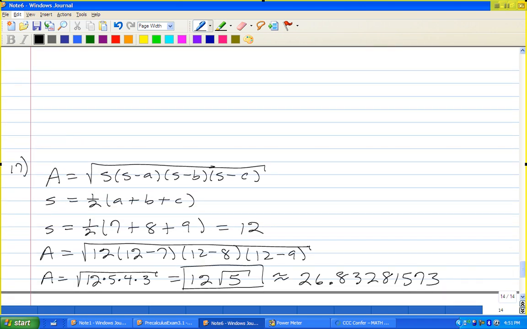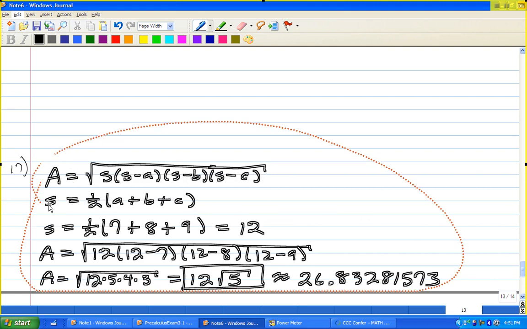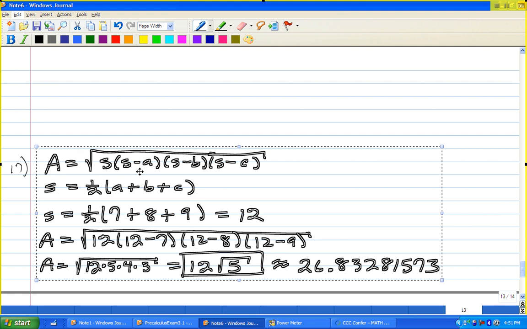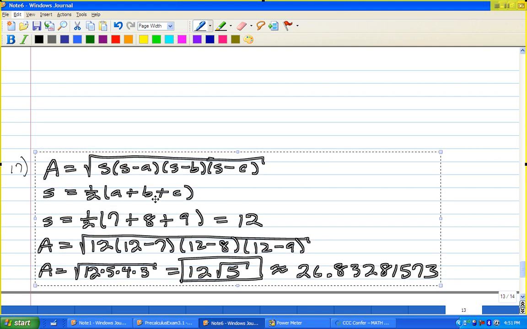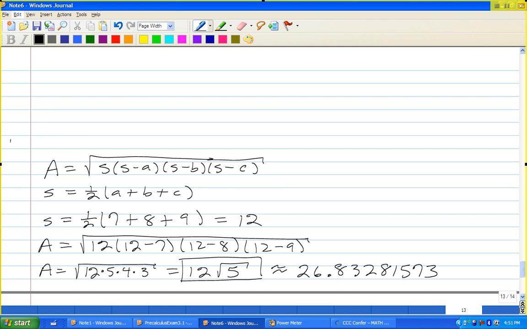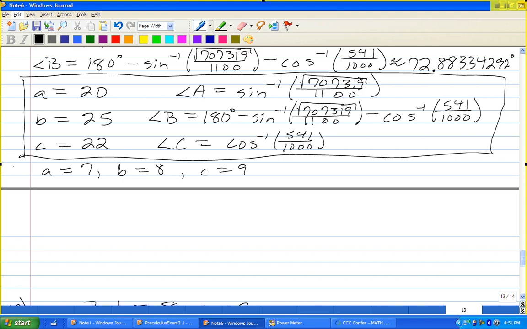Okay. So 17 was A is 7, B is 8, C is 9. 16, however, A is 9, B is 12, C is 15.